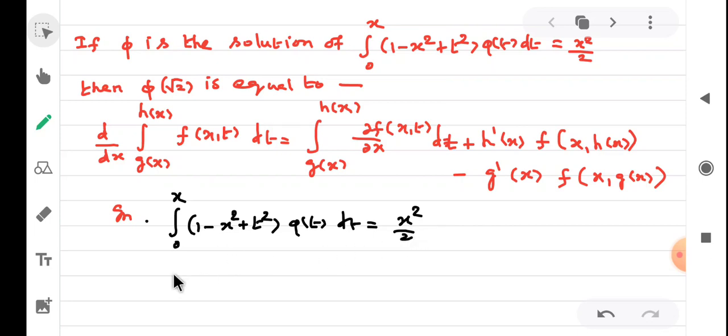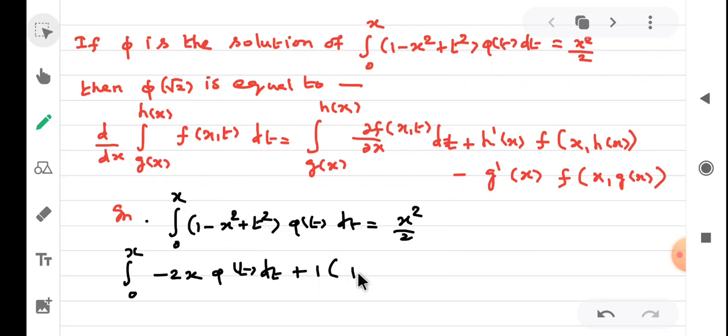Differentiate this one with respect to x, I will get integral 0 to x. So I need to differentiate this function with respect to x. If I differentiate 1 with respect to x, I will get 0. If I differentiate minus x square, I will get minus 2x. If I differentiate t square with respect to x, I will get 0, into phi of t into dt. Here I am using Leibniz rule. Plus derivative of the upper limit, it will become 1, and then replace this t by the upper limit.